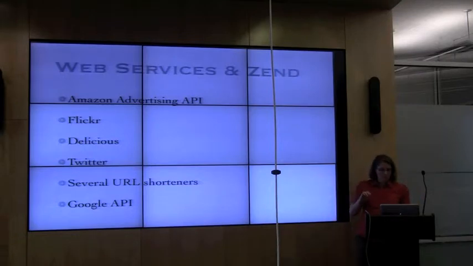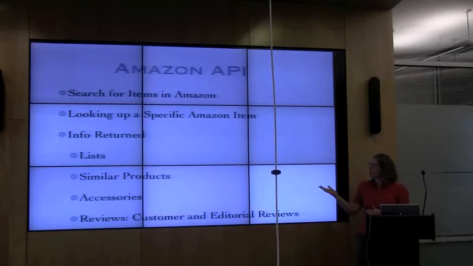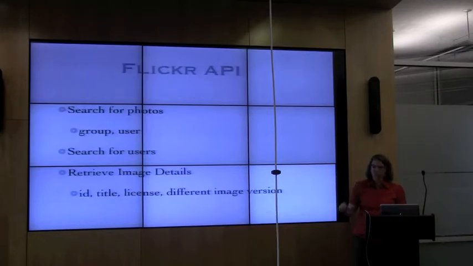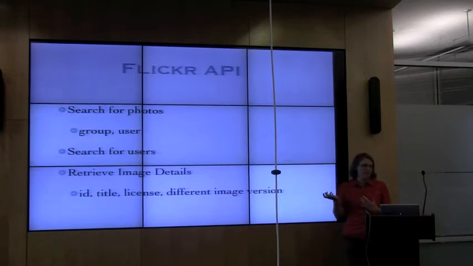There are also other classes you can use. So with the Amazon one, you can do searches for specific items, look up an item by either ISBN or ASIN or UPC. You get all this information returned in an object. With the Flickr API, you can do all of these kinds of things without having to know how the Flickr API works or how to construct any of these queries.